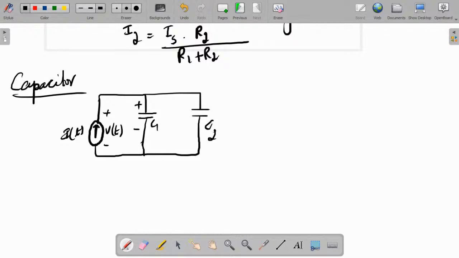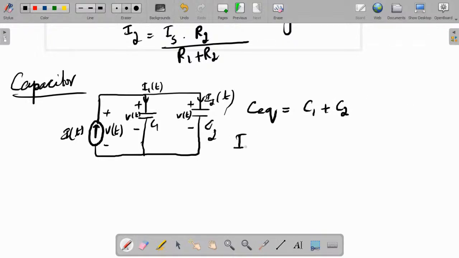Here also the potential is V of t, so the potential drop is V of t. Here I of t is flowing, here I1 of t and here I2 of t. Different current, same voltage drop. So what is C equivalent? For two capacitors, it is nothing but C1 plus C2. For n capacitors, just keep adding the values, C1 plus C2 up to Cn.